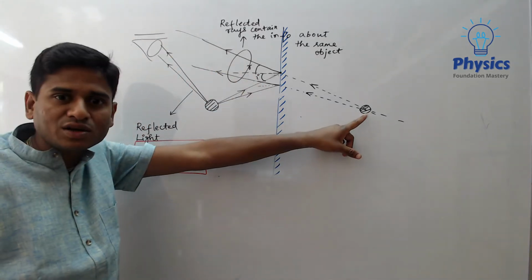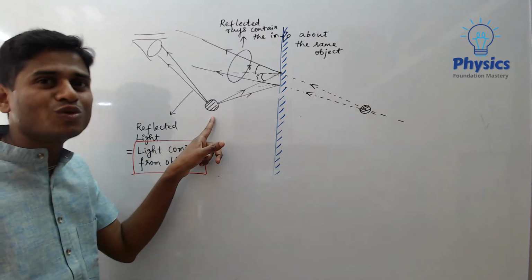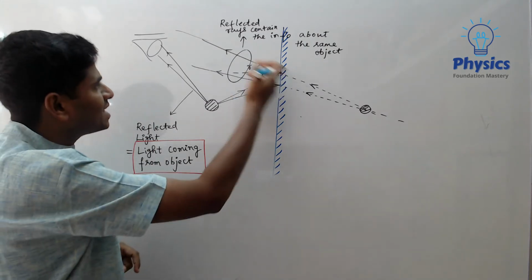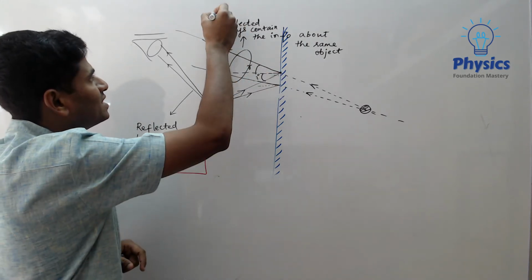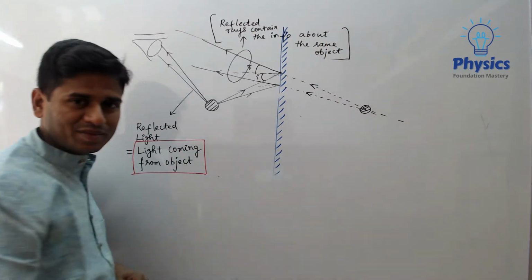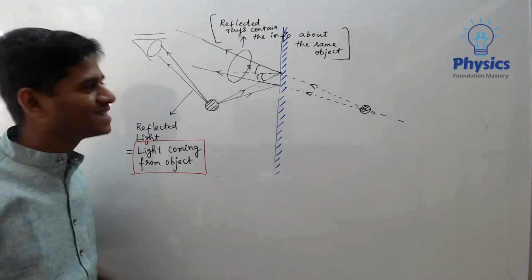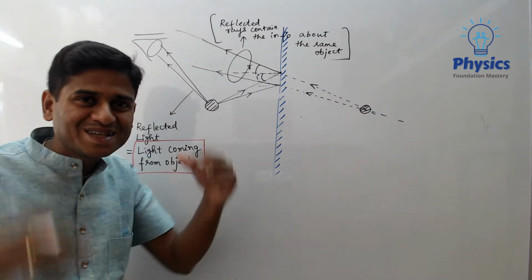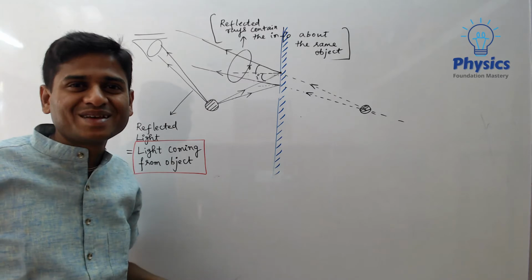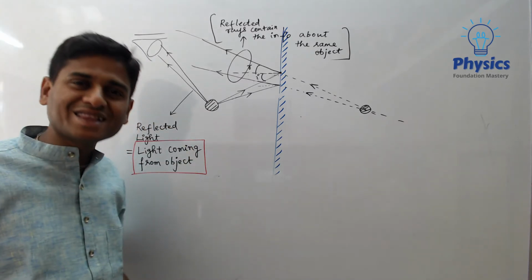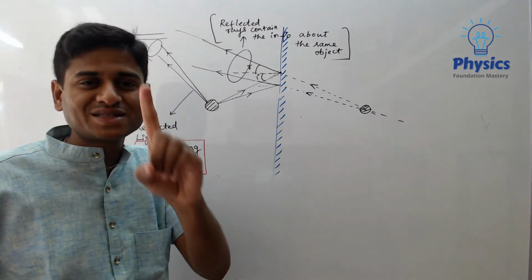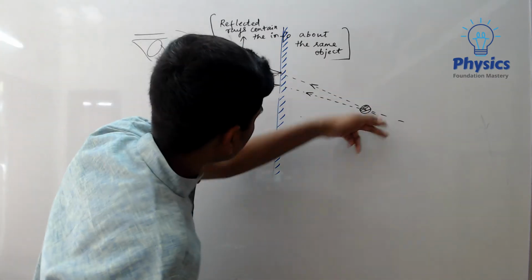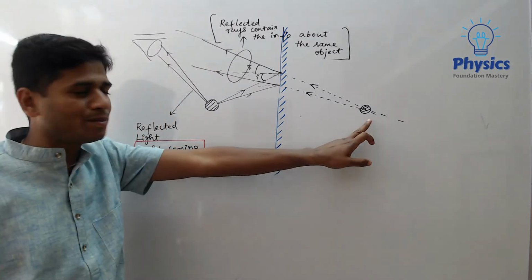Now what will you see here? You will see the same object. Why? Because the rays reaching your eye have the information about the object. But where will you see the object? You will see the object here. Why, sir? Because of the way our brain is created. The brain strongly believes that light can only travel in straight lines. So because these two reflected rays appear to come from here, I see a ball here.